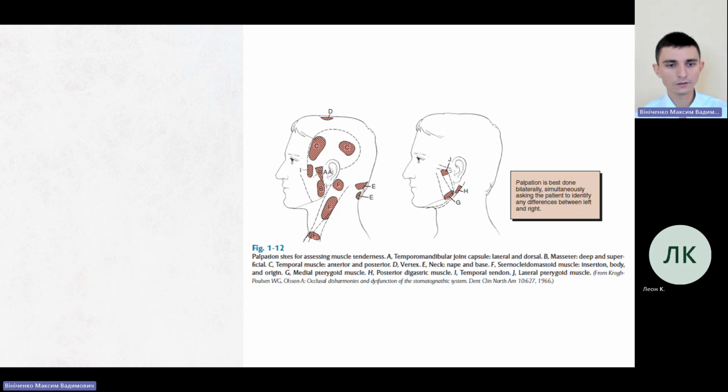Medial pterygoid muscle in picture G. Posterior digastric muscle H. Temporal tendon E. Lateral pterygoid muscle G. Palpation is best done bilaterally, simultaneously asking the patient to identify any differences between left and right side.